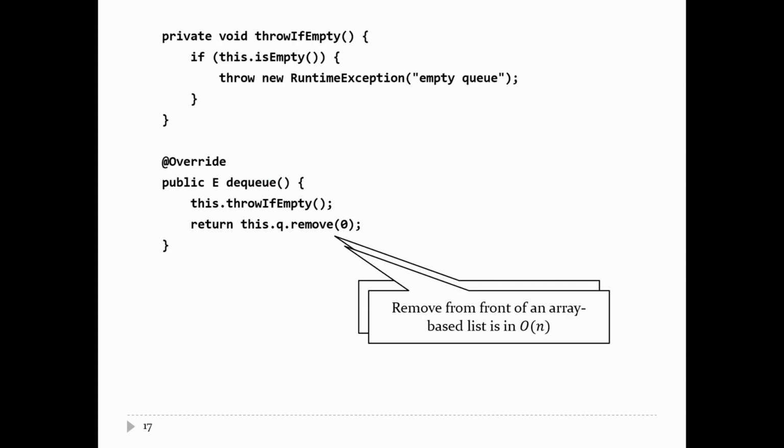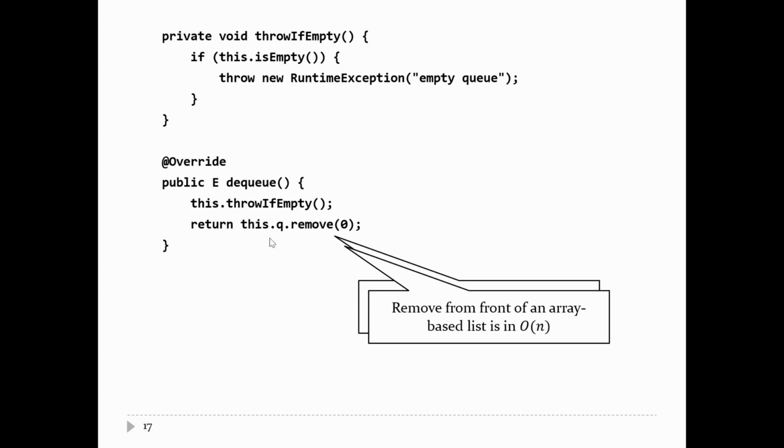To dequeue, I'm going to check, is the queue empty? And if it's empty, I'm going to throw an exception. So instead of writing the validation code here, I just created a little method that does the validation for us. This is useful for first and last.